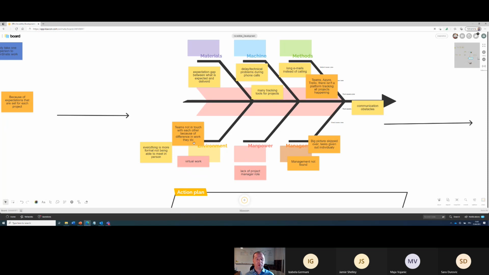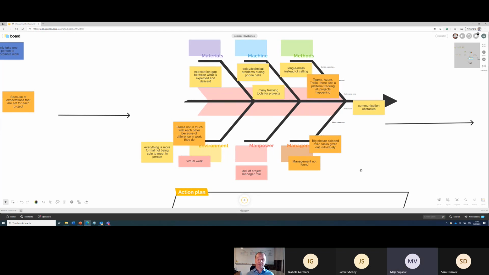Everything is more formal, not being able to meet in person, teams not in touch with each other, expectation gap between expected and delivered, delay in technical problems, many tracking tools for projects, long emails we've covered. Very good. So a really useful, quick tool for identifying root causes towards the problem.